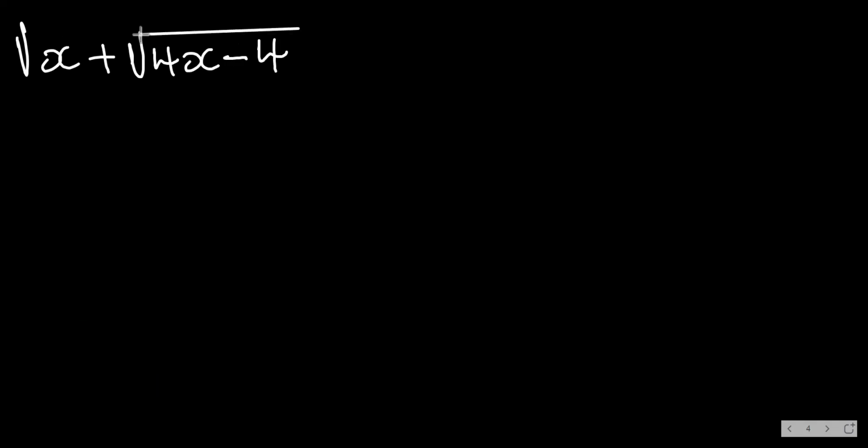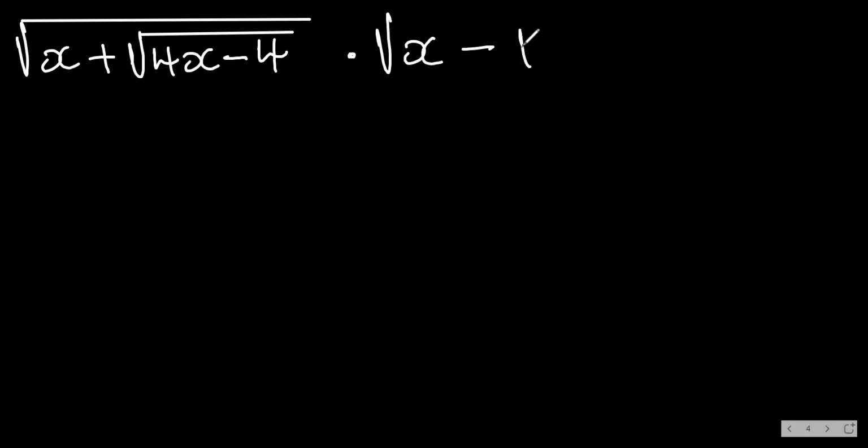It's not really challenging, this one, but I think it's worth doing. Now this is how it goes. You need to simplify this. We are given the square root of x plus square root 4x minus 4, and this is multiplied by square root x minus square root 4x minus 4.